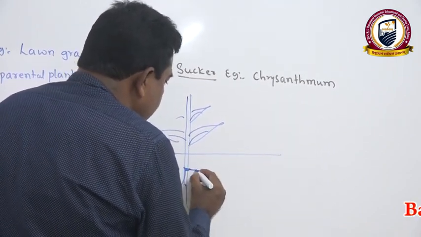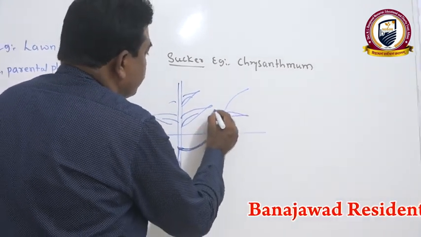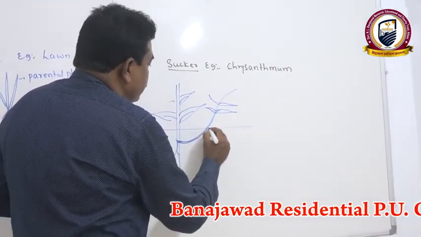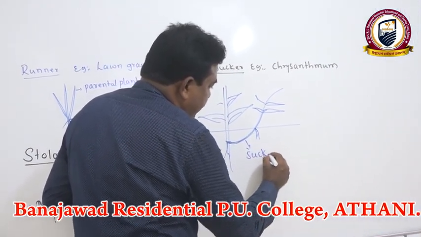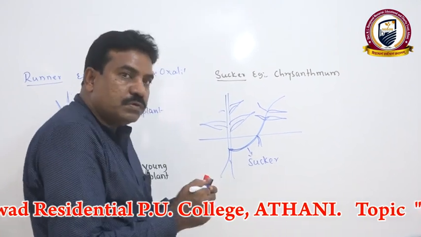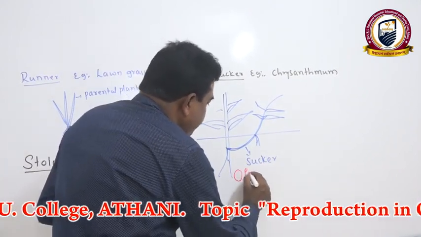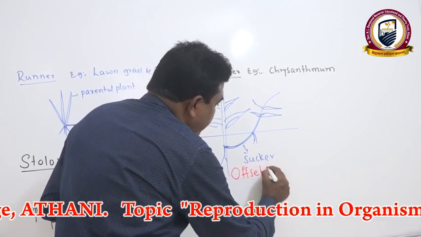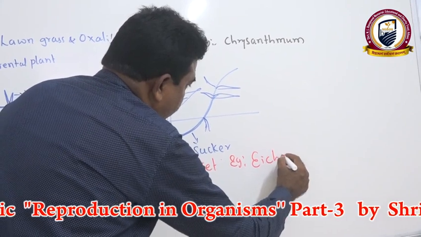Within the ground the stem originates and comes above the ground and later gives the young plantlet, and this part we call a sucker. The last one, most important, which is given in great detail in our textbook, is offset. The example is Eichhornia.